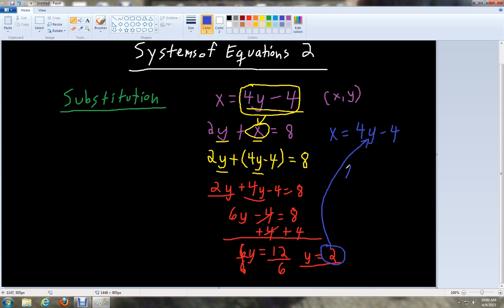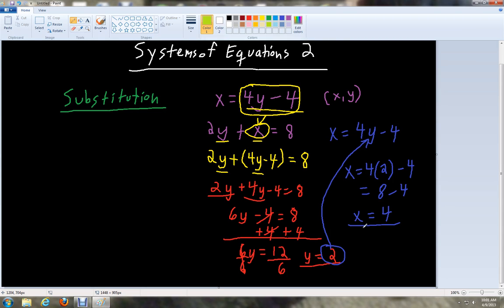So we have x equals 4 times 2, that's y, minus 4. This equals 4 times 2 is 8, minus 4, and 8 minus 4 is 4. So we can see that x equals 4.